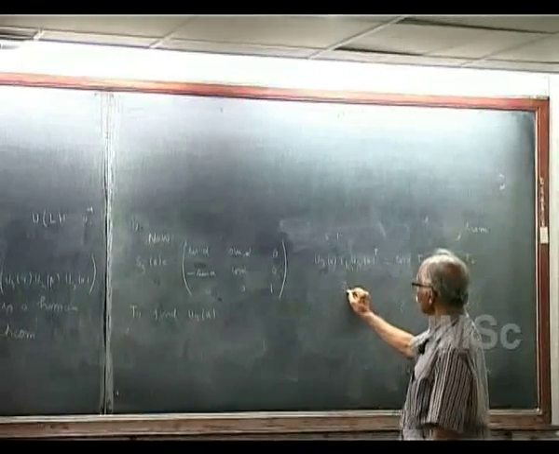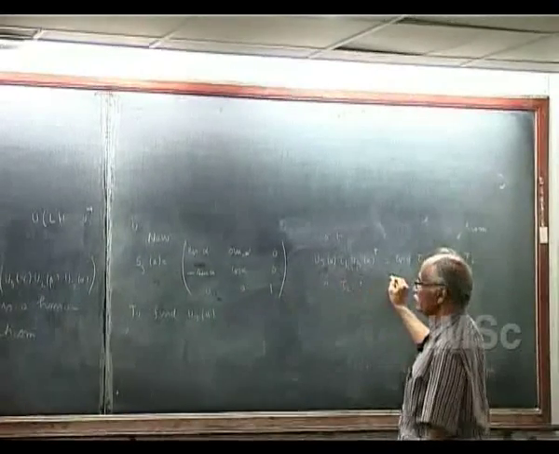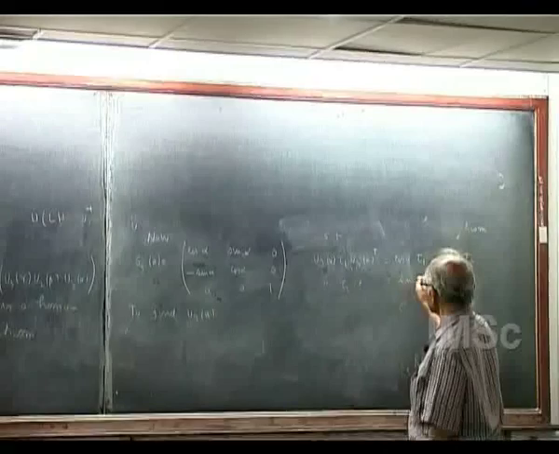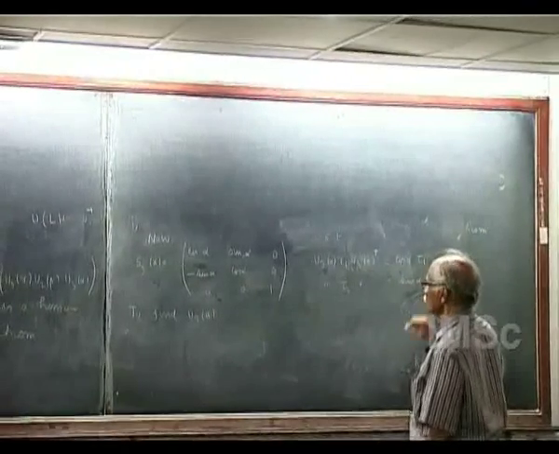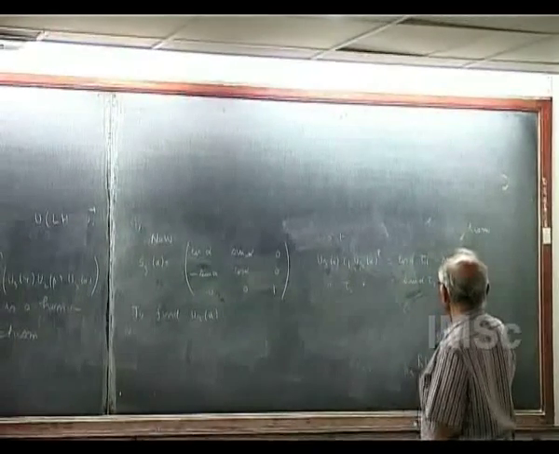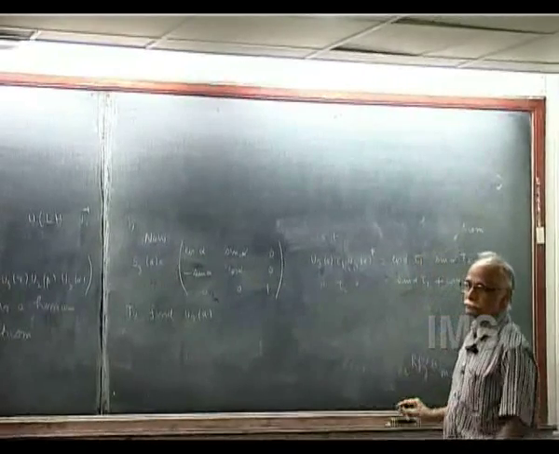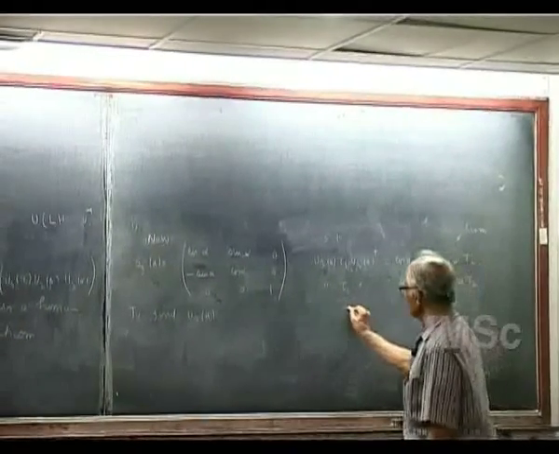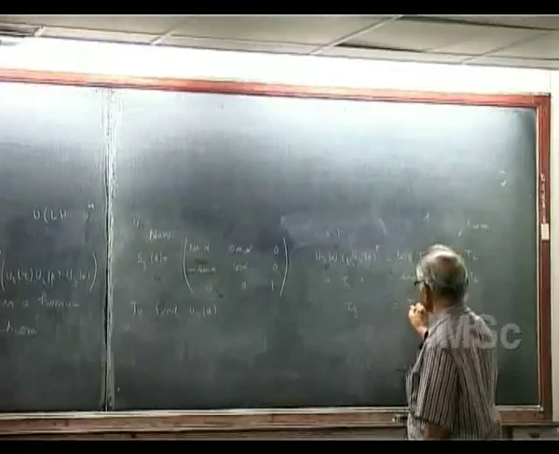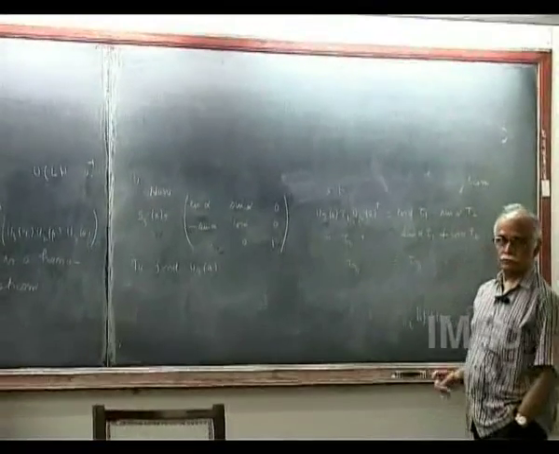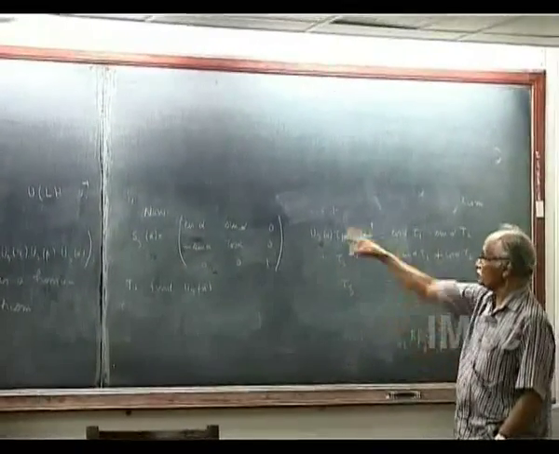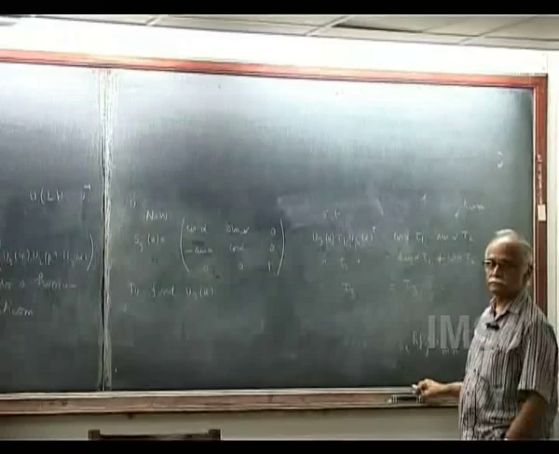For tau 2 same thing will be sin alpha tau 1 plus cos alpha tau 2. For tau 3 it will not change. Okay. This is what we want, so we want to find this U3 with this property.